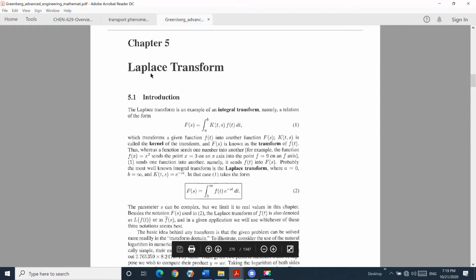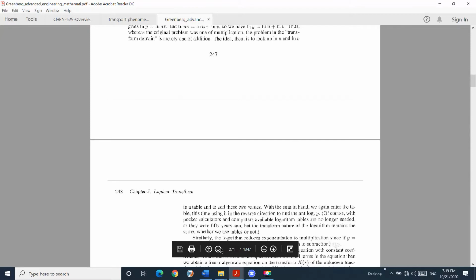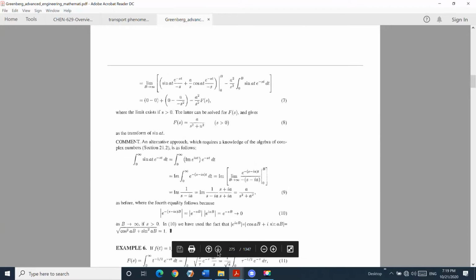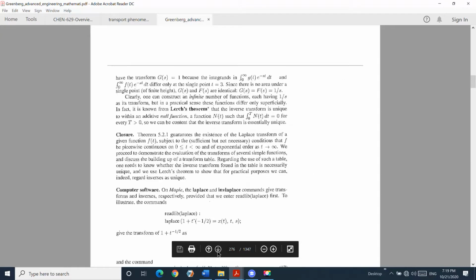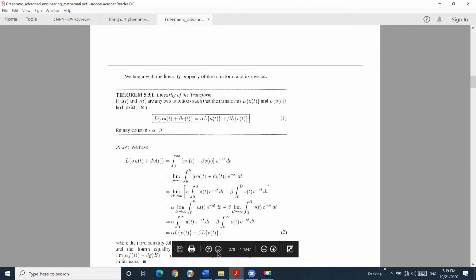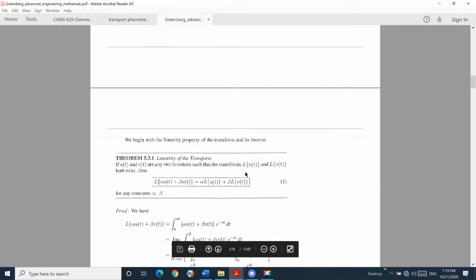Chapter 5 introduces the Laplace transform, its definition and the equation of the Laplace transform. And basically inside the chapter it gives some basic understanding and properties of the Laplace transform.